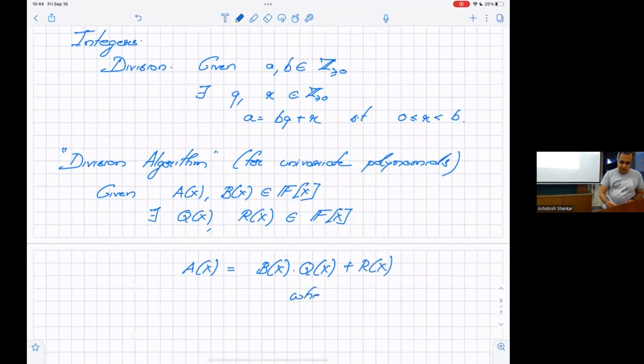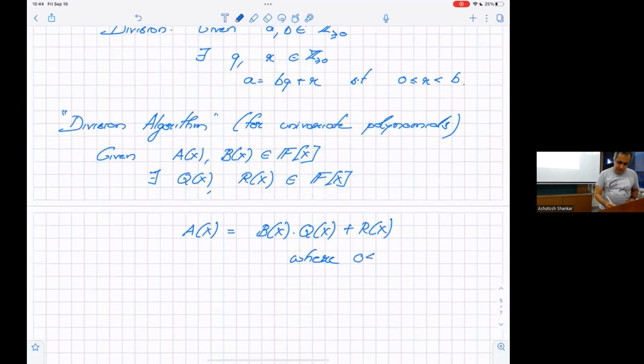This is a polynomial identity. Earlier we said that R was somehow smaller than B, and the measure of smaller was in terms of size. Here, R will be smaller than B in the sense that the degree of R is strictly smaller than the degree of B, where 0 is less than or equal to the degree of R.